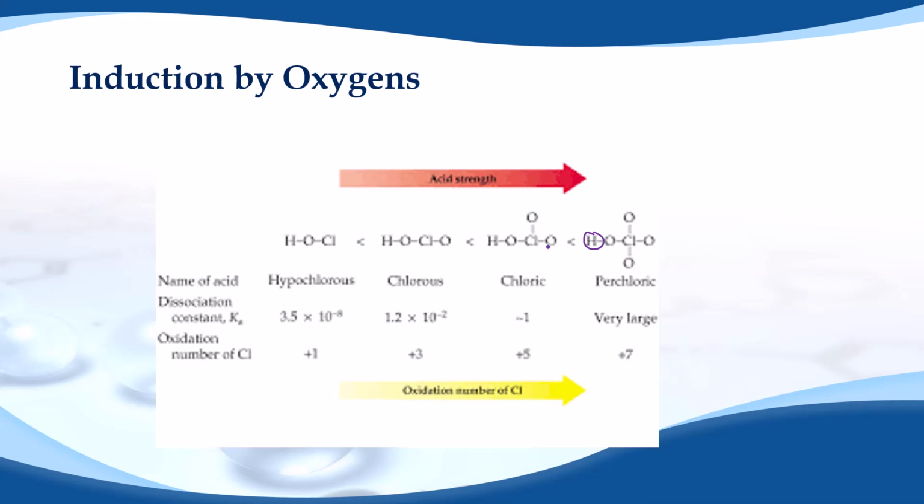As we take away the oxygens, we very slightly decrease the overall electronegativity of the region, and this bond becomes slightly less polar, slightly harder to break, and the same as we go down to two oxygens and one oxygen. The more oxygens you have, the stronger the acid will tend to be for any oxy acid.